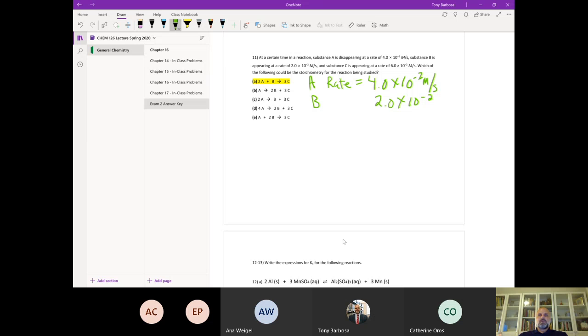So if you take a look at 647, 648, it talks about the effects of volume and pressure.